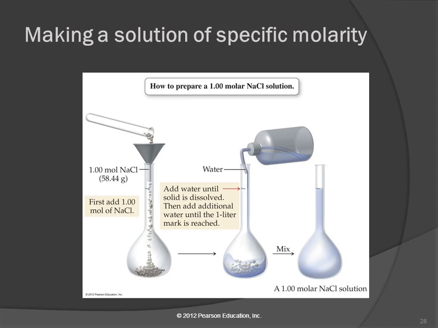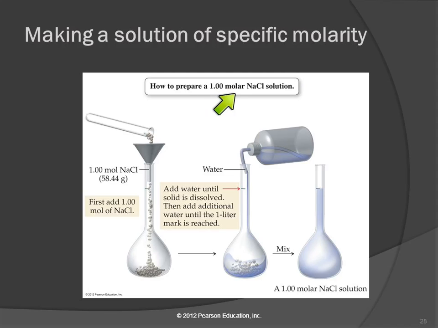So here is your book's illustration on how to make a solution. I would do it slightly differently, actually. I would start out with this flask partially full of solvent. I'd put the solvent in there first. Then you're going to add, for this is how to prepare a 1 molar solution. That does not mean that there's 1 tooth in the solution.